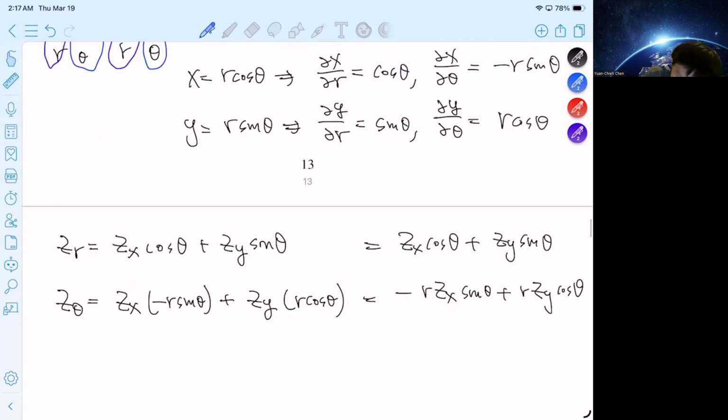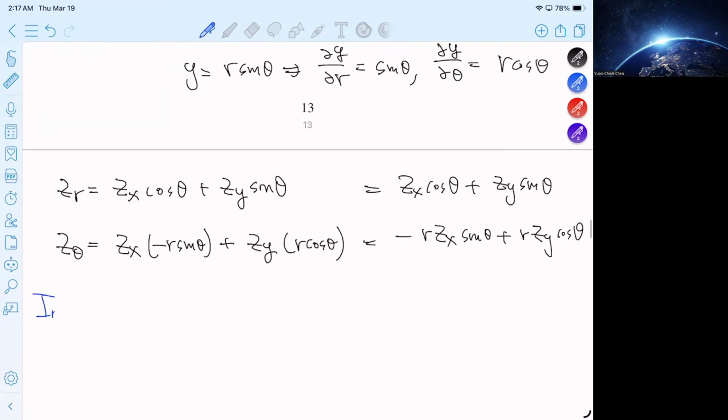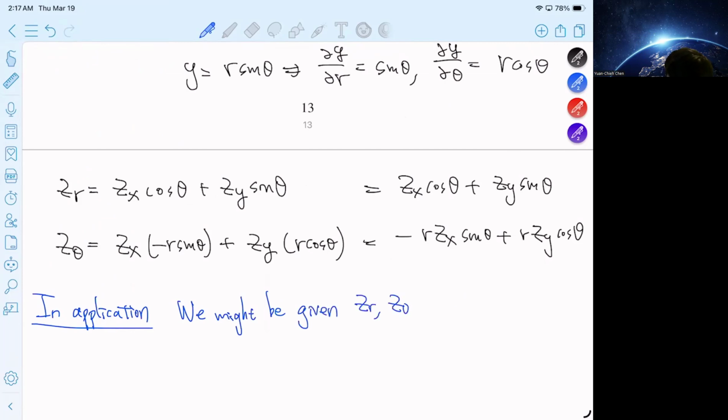So in application, maybe I don't say in real life, I say in application, we might be given Zr, Z theta, and we want to find Zx and Zy.